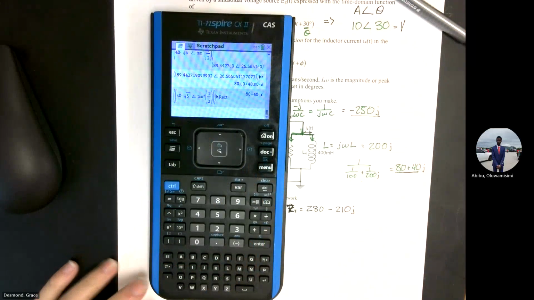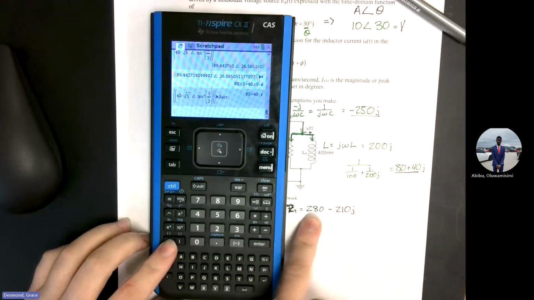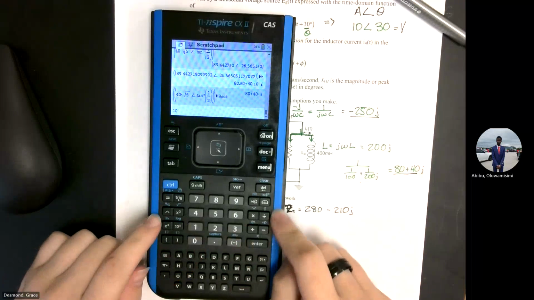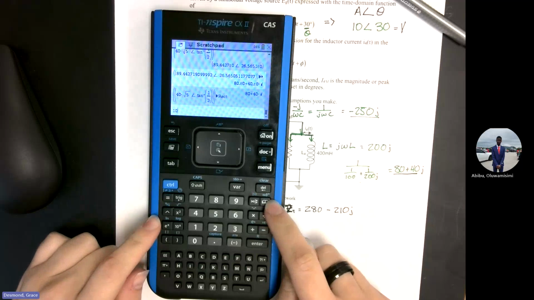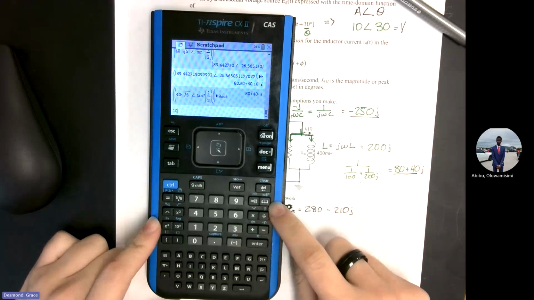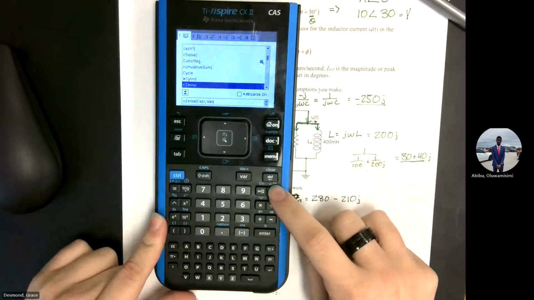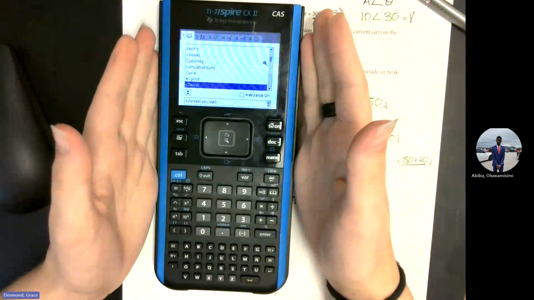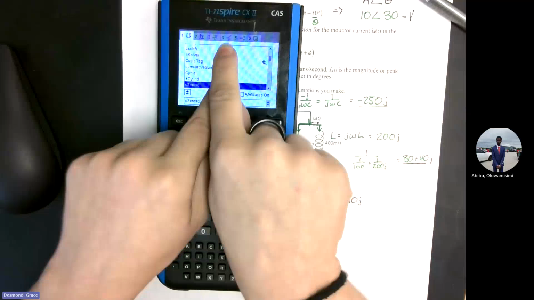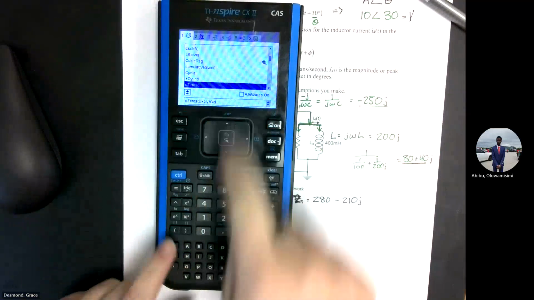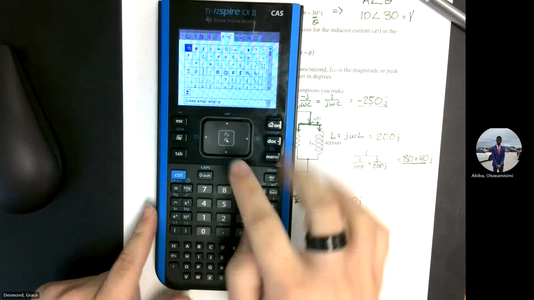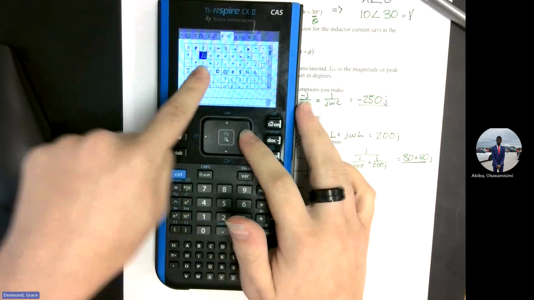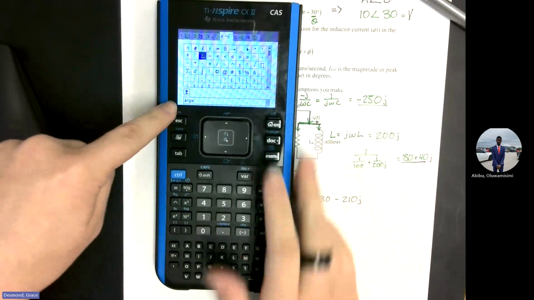If we want to do 10 phase angle 30, we type 10, then hit the book button, which has a giant menu of things. We go into the fourth tab, so we hit 4, and then there is phase angle. So we hit phase angle.